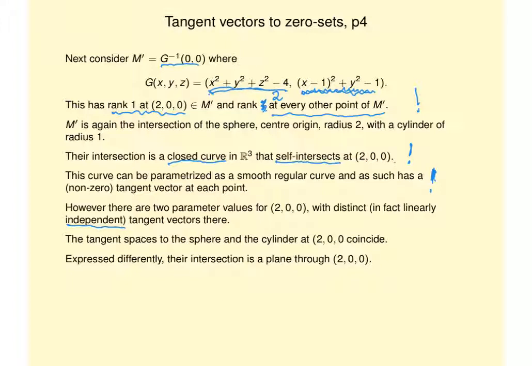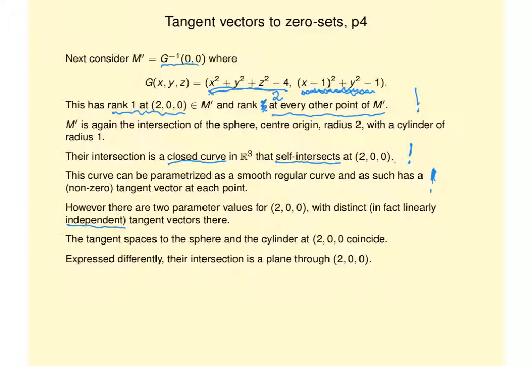You might be tempted to say, well, okay, we've got two linearly independent tangent vectors, so they generate a plane, and we'll take the plane as the tangent space. But not every vector in that space will be tangent to a curve in the intersection. Really, only the scalar multiples of each of these two vectors that come from the parameterization.